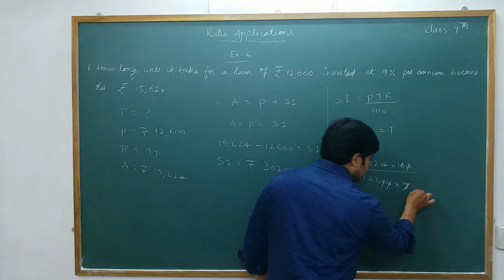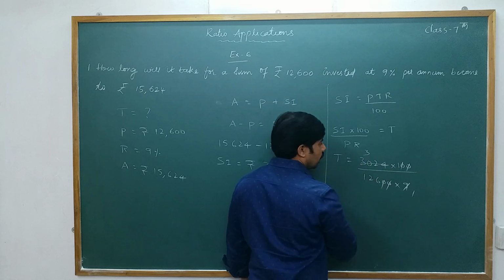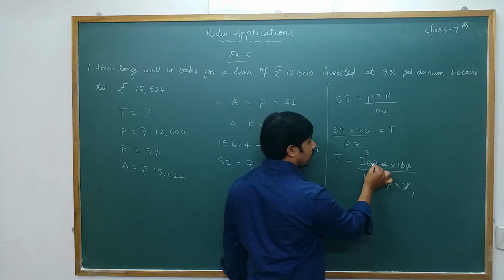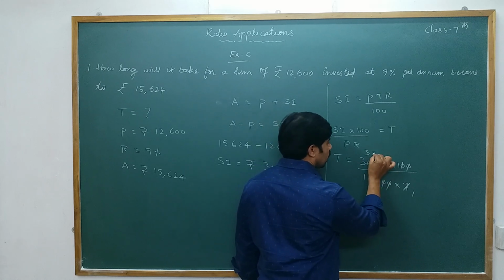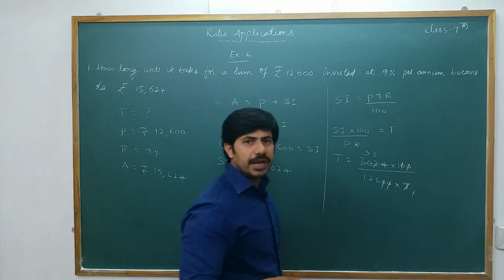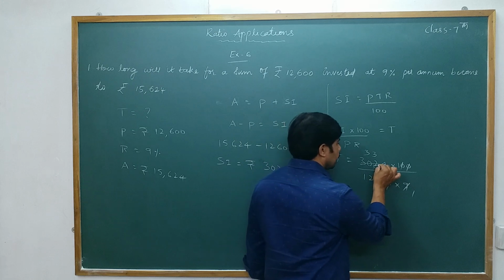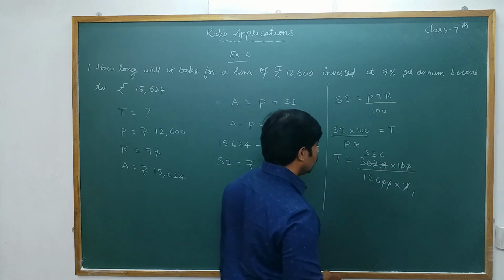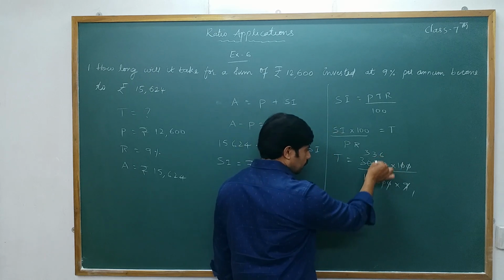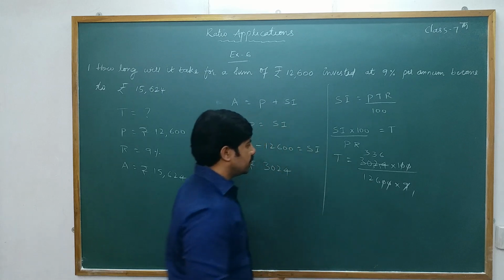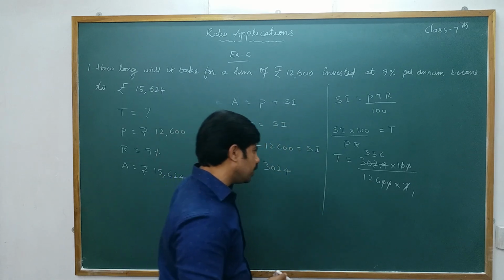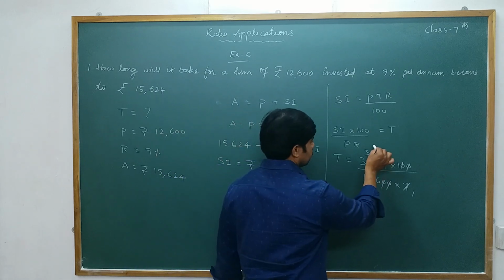So 9 ones are 9. 9 threes are 27. 27 means remainder 3. Again 9 threes are 27. 28, 29, 30, 31, 32. It is 5 remainder. 9 sixes are 54. So we have 336 by 126. I think these two can be eliminated in the 6 table. 6 fives are 30.